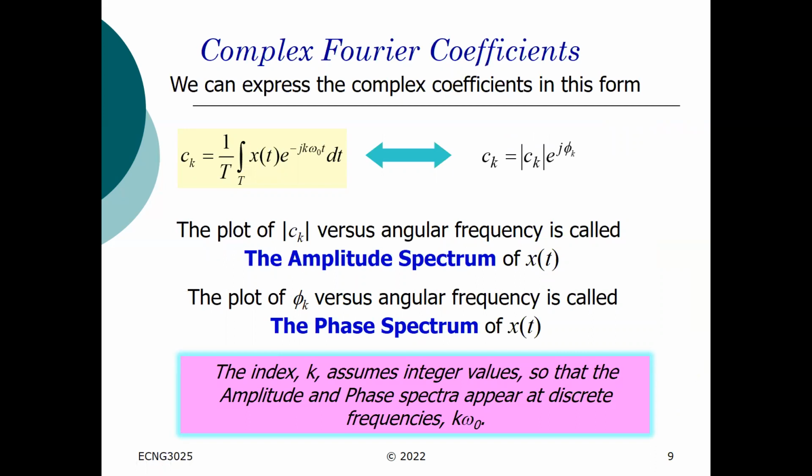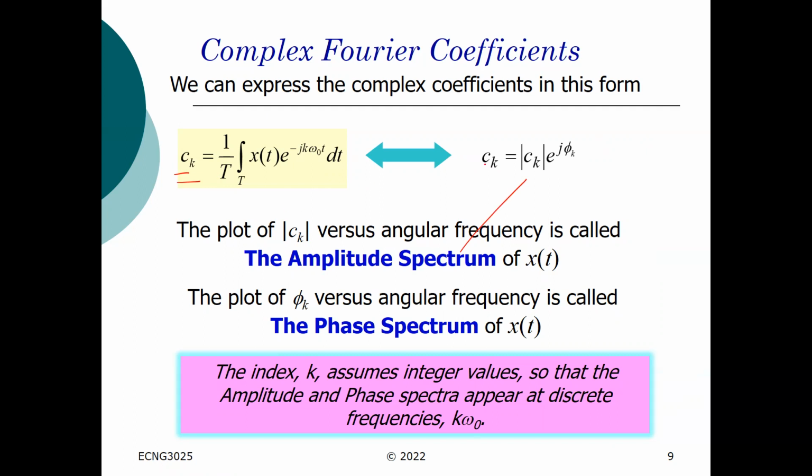So because the coefficients are complex numbers, you remember any complex number you can express with a magnitude and an argument. In our case, if we plot the magnitude of CK, the magnitude of this coefficient, then we get something called the amplitude spectrum of the particular signal.